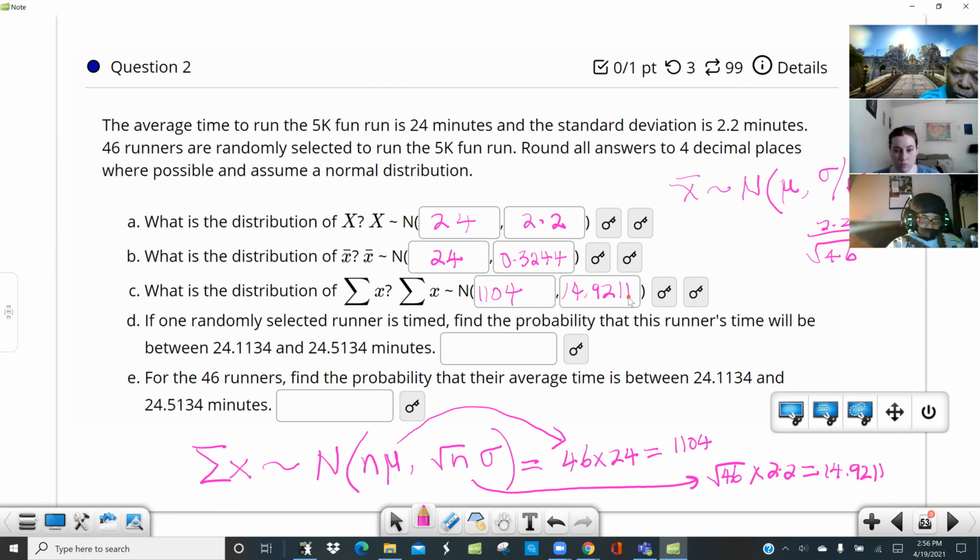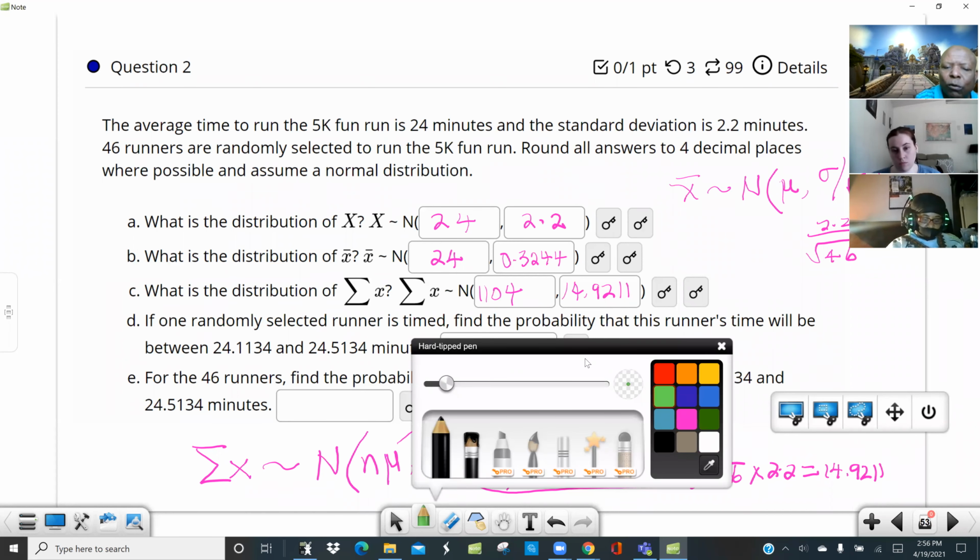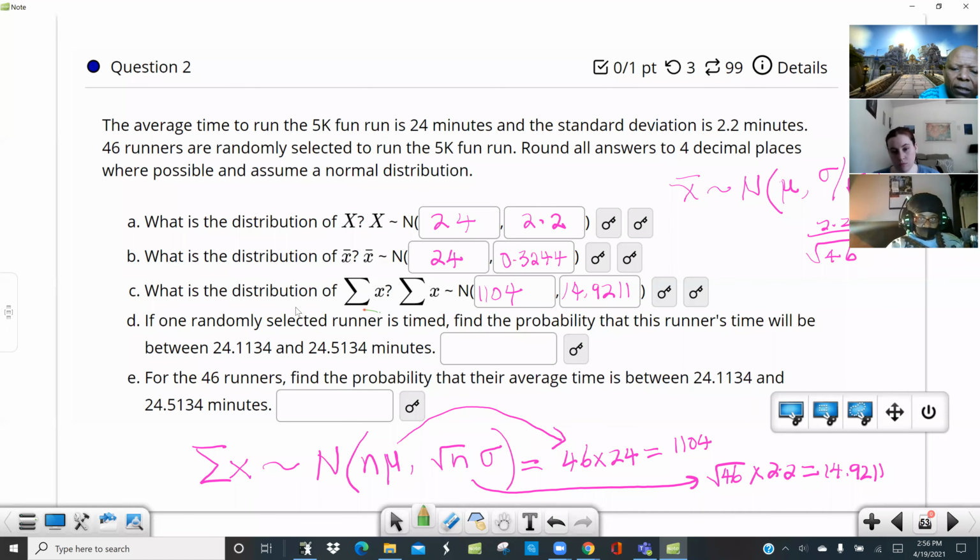In particular, look at part D. It says, if one randomly selected runner, meaning what? You pick somebody from the population, find the probability that this runner's time would be between this number and that number.